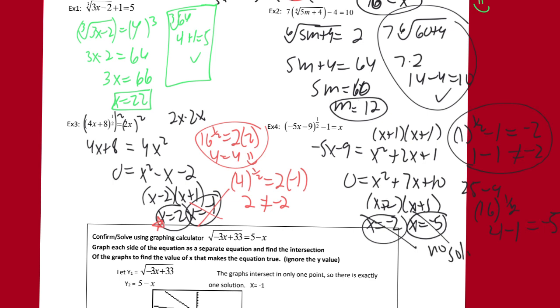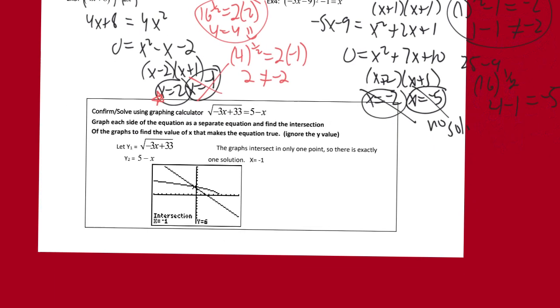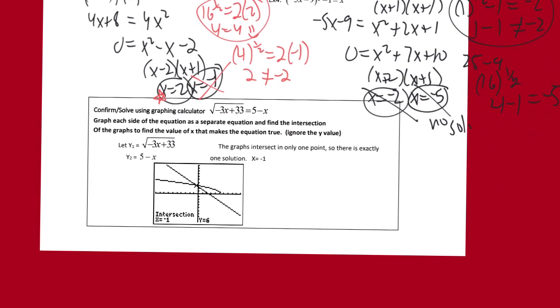And the last part is to remind you, if you wanted to solve it by graphing, you can graph both sides of the equation and find the x value of the intersection. So you could graph in y1 the left side, and in y2 the right side of the equation.